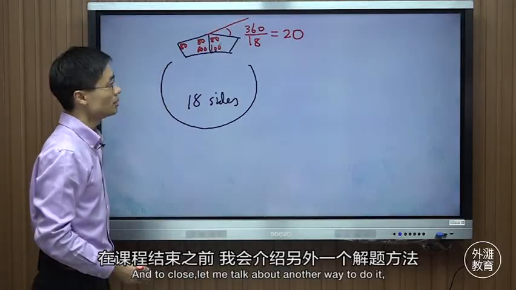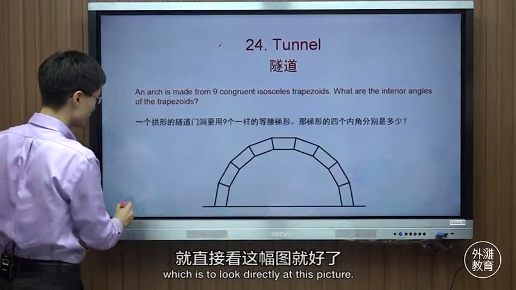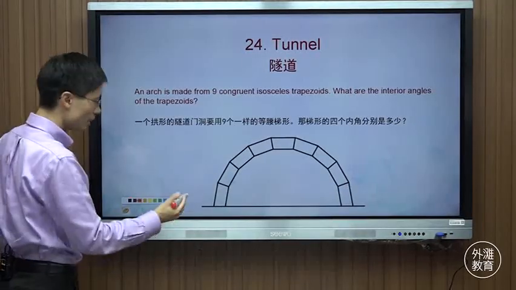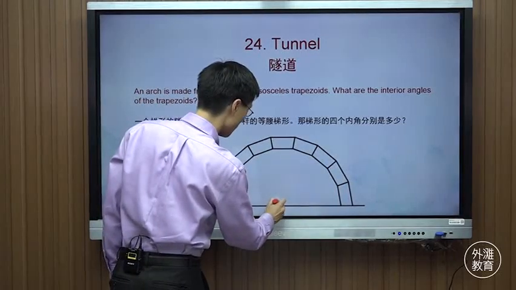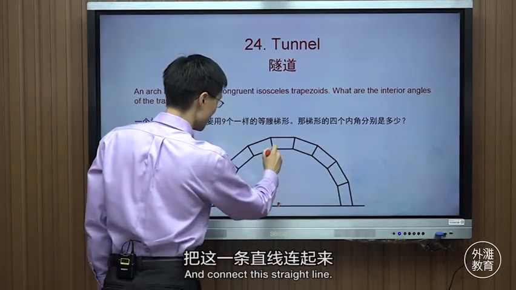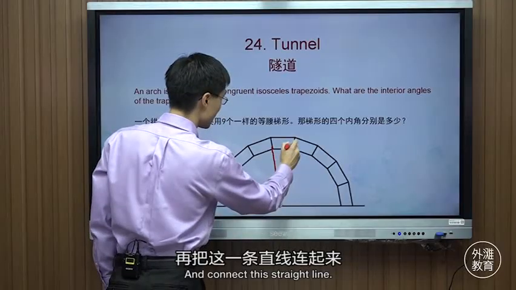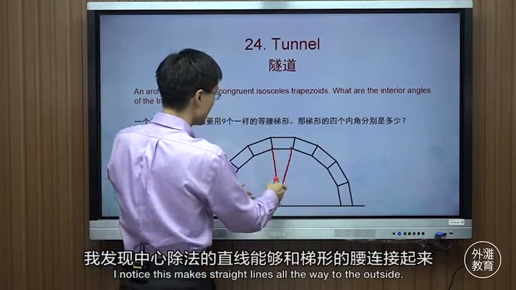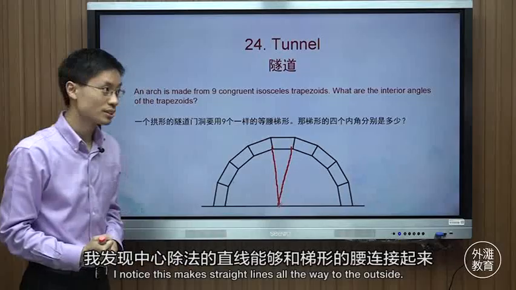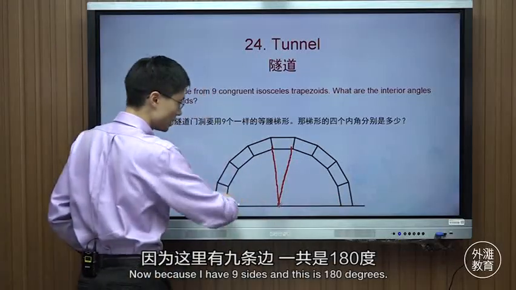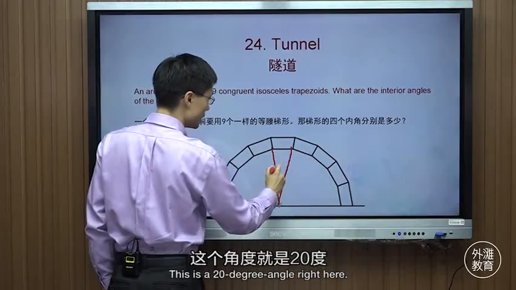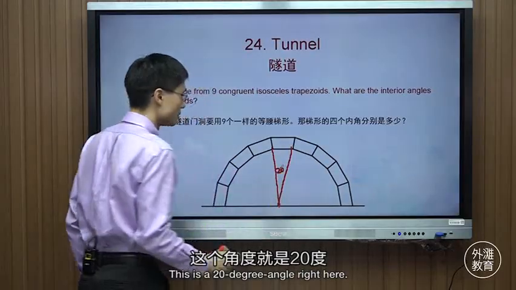To close, let me talk about another way to do it, which just looks directly at this picture. Another way to do this is to start from the center and connect this straight line and connect this straight line, and notice that these make straight lines all the way to the outside. Because I have 9 sides, and this is 180 degrees, this is a 20-degree angle right here.